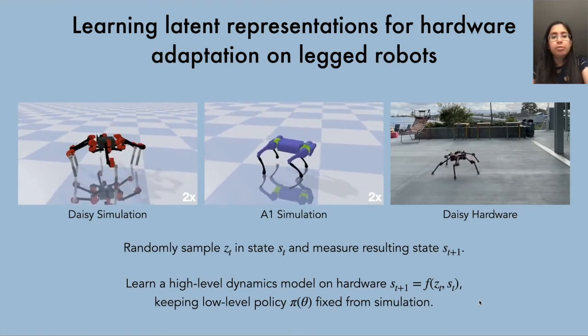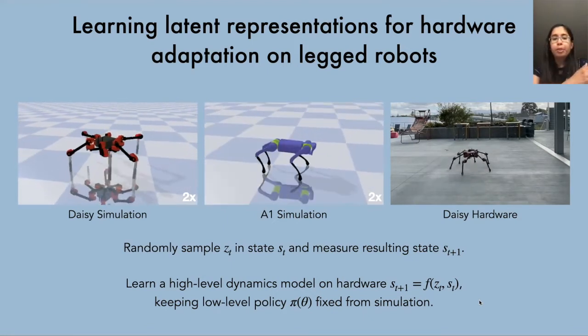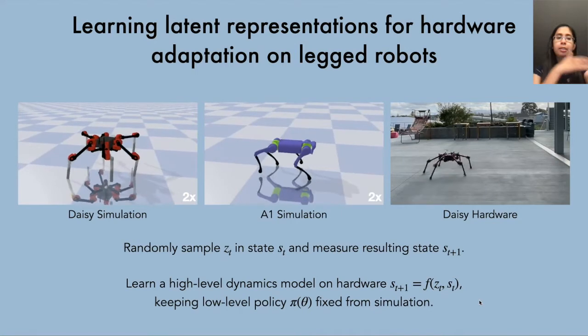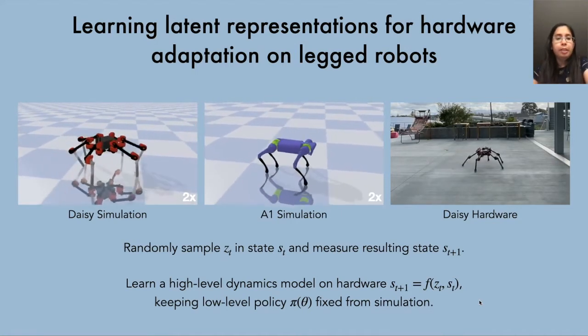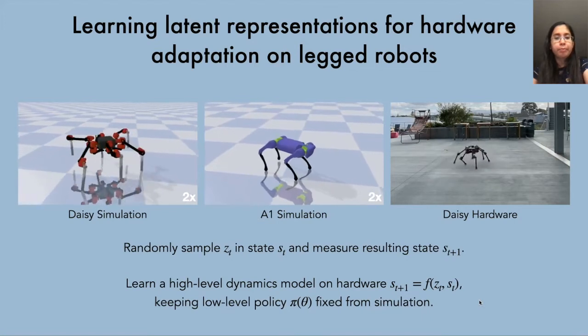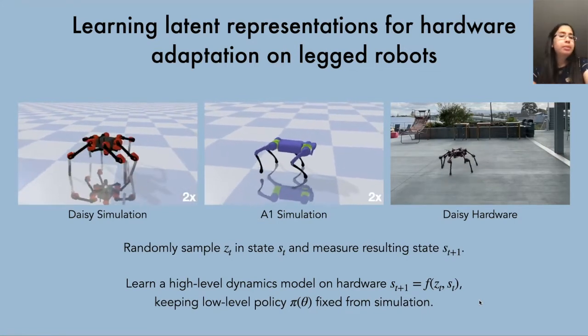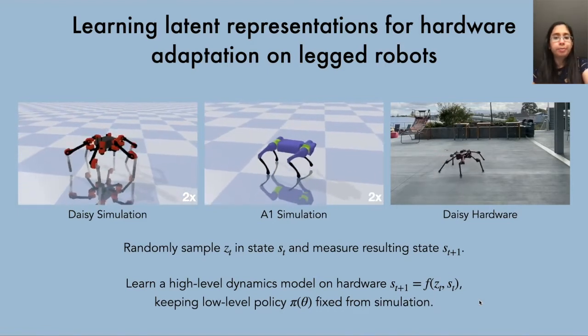Given this data, we learn a high-level dynamics model which transitions from the old center of mass dynamic state and a commanded high-level action Z to the next center of mass dynamic state, keeping the low-level policy pi theta the same as what was learned in simulation.